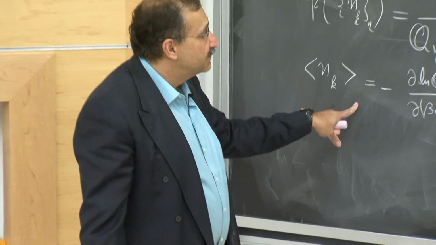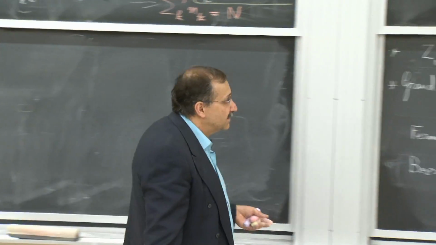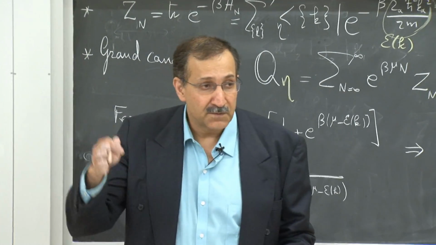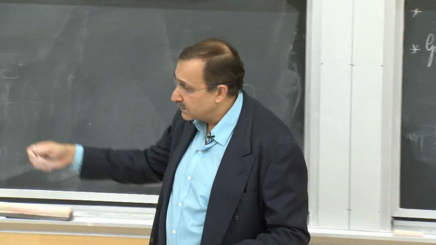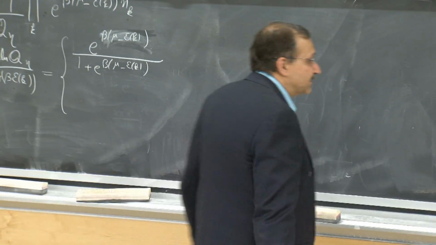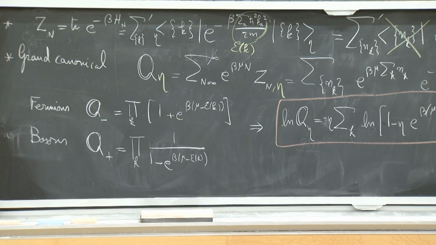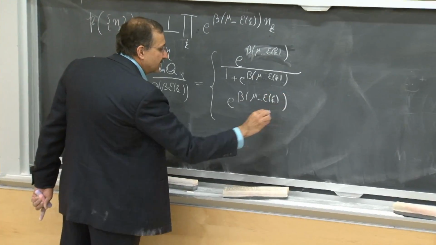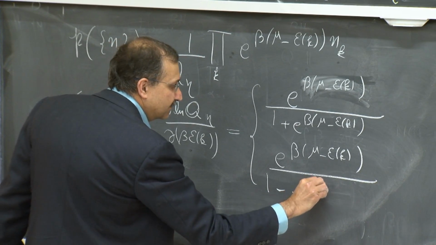If I do the same thing for the case of bosons, it is a bit more complicated because I have to look at a series rather than geometric 1 plus x plus x squared plus x cubed. It is 1 plus x plus 2x squared plus 3x cubed, which can be obtained by taking the derivative of the appropriate log. Or you can fall back on your calculations of geometric series and convince yourself that it is essentially the same thing with a factor of minus here.